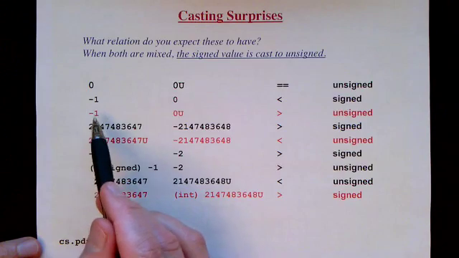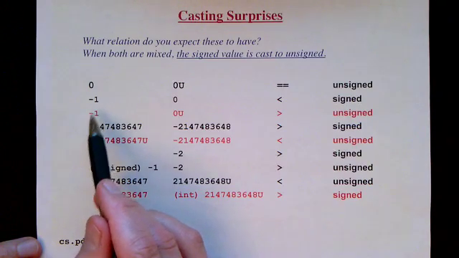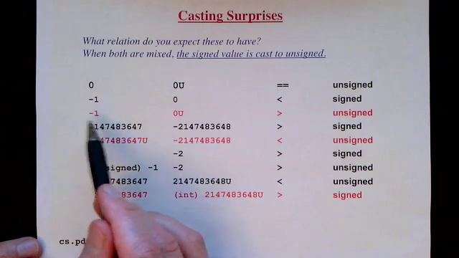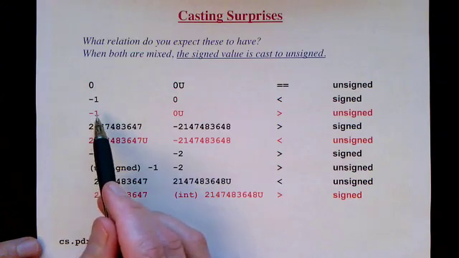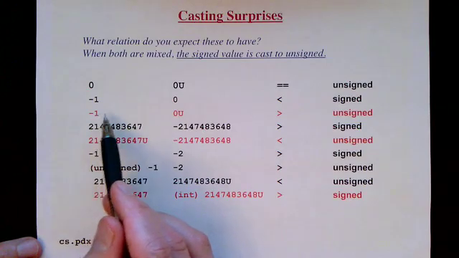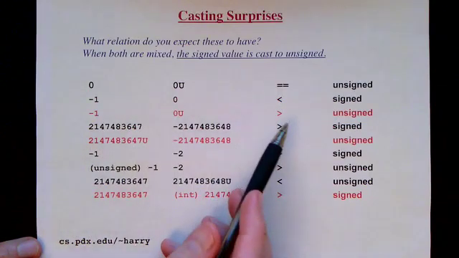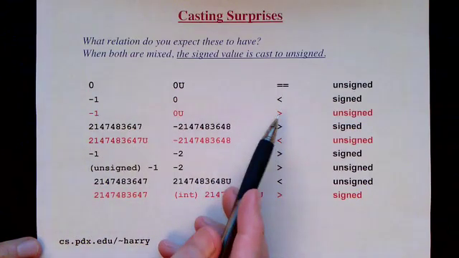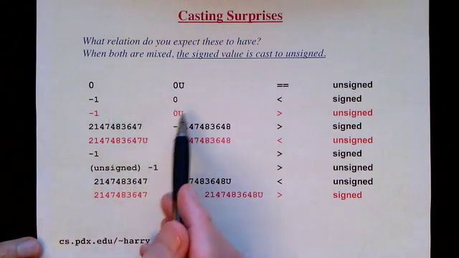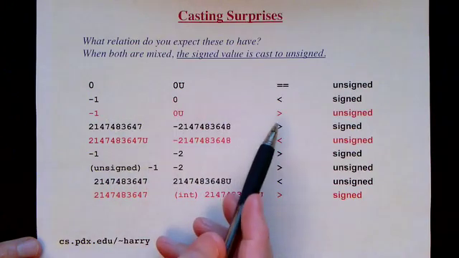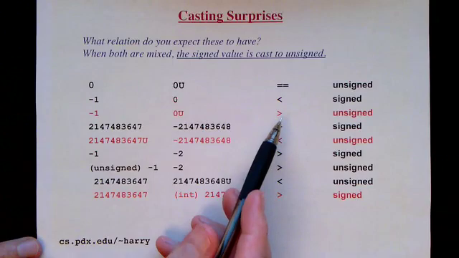Remember, it's all ones, or in hex, all Fs, which is the largest positive number in the unsigned representation. So even though this is a signed number, the bit pattern is the same as the largest unsigned number. That large positive number is greater than 0, so the result is this number will compare to 0 unsigned and be greater than, which is not what you expect.